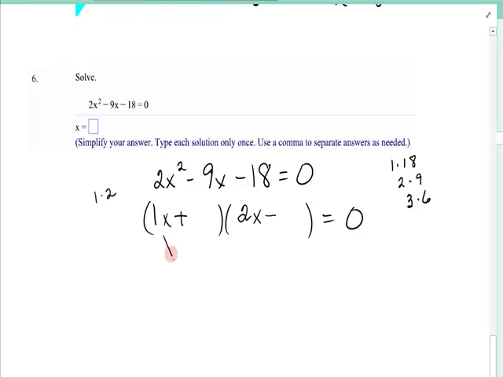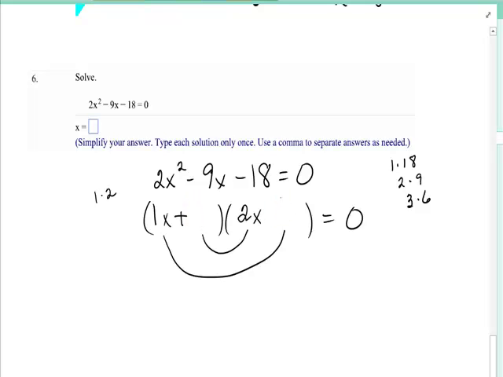All right, my outer product and my inner product, because they have different signs, I'm going to get a difference of 9. Let's try 3 and 6. The outer product is negative 6x. The inner product is 6x. Those cancel out, and that's not what's supposed to happen. I'm supposed to get a 9.